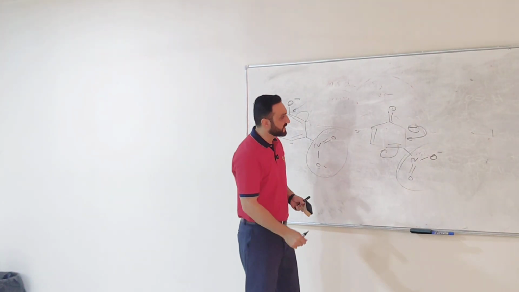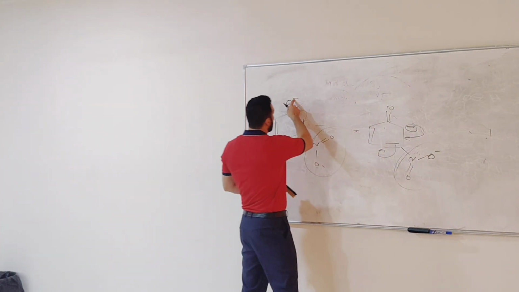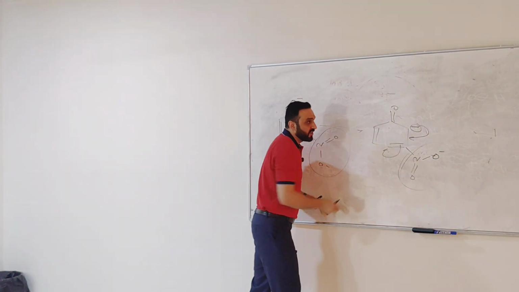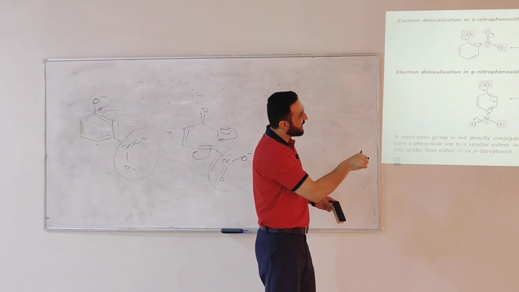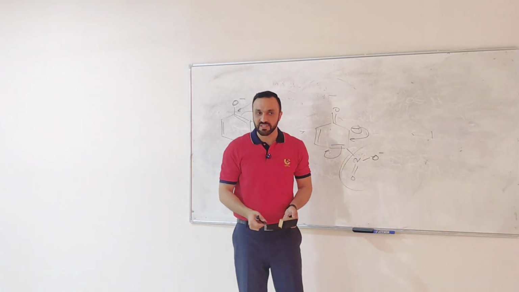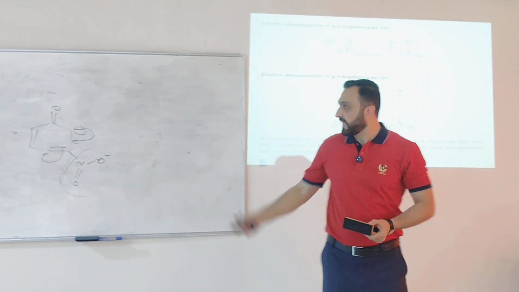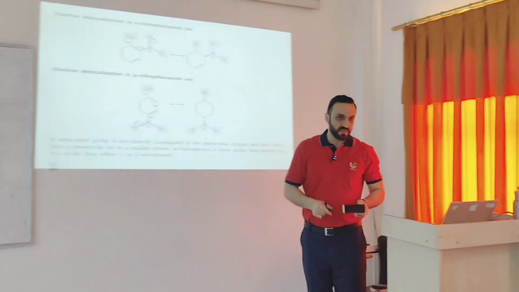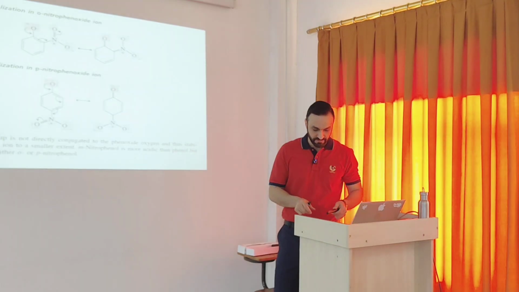For this reason, which is more stable: negative on the oxygen, or just on carbon? Negative on the oxygen is more stable. For this reason, ortho and para give a stronger acid than meta. Clear? Okay.